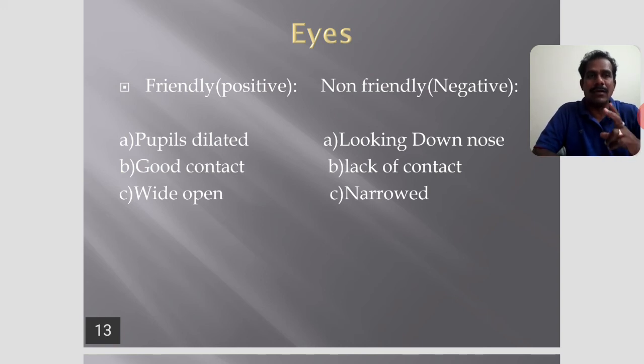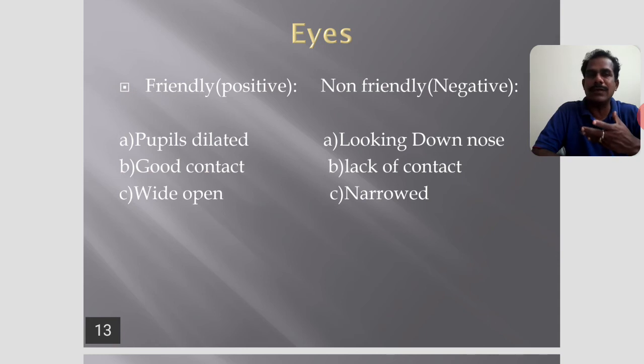Having good eye contact is friendly, and wide open eyes are also a kind of friendly. This is very important. Looking down or looking up, eyes are negative body language. Lack of contact.